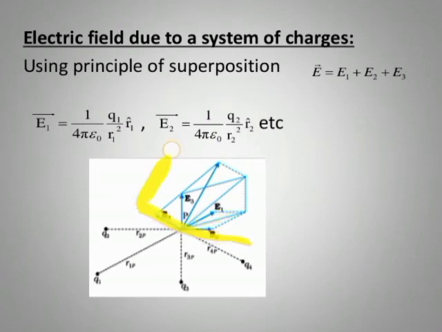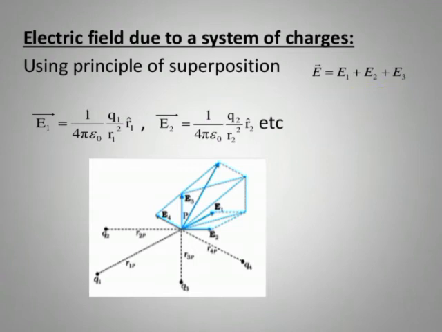So it is producing electric field. q1 is exerting or radiating an electric field around it. And due to the many charges and the fields that they are producing, using the principle of superposition, again I can write E is equal to E1 plus E2 plus E3.